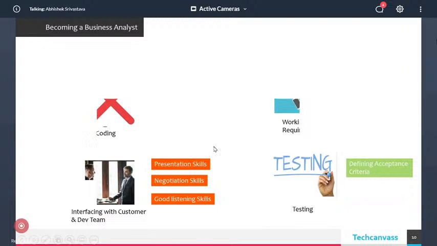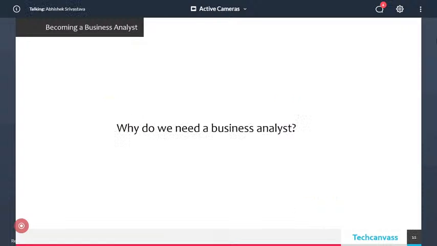Before we get into the plan, let's see why we need a business analyst. Why are a lot of people interested in business analysis? This is one of the skills which is very hot in the IT industry, apart from being a data scientist.